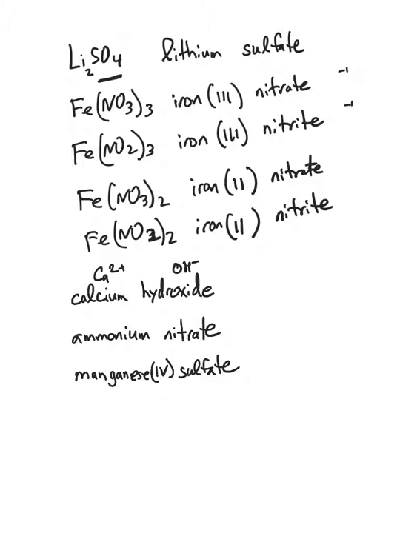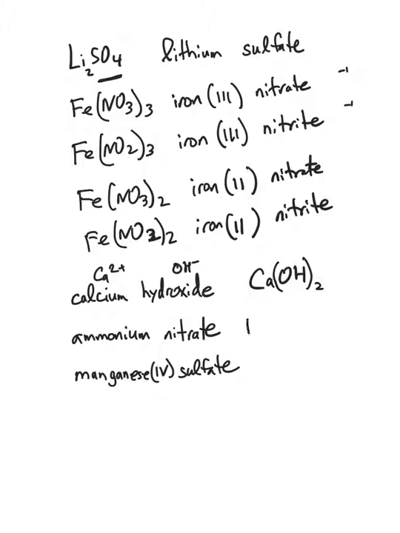It's OH minus. So if we write the formula, it's going to be calcium OH, but how many OHs do we need to balance this electrically, to make it neutral? We need 2 of them. So it's going to be Ca(OH)2, calcium hydroxide.